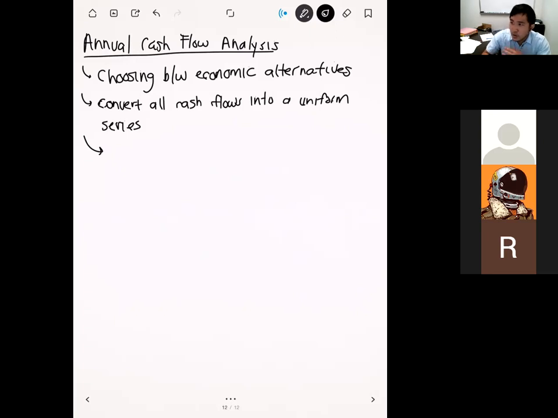For annual cash flow analysis, you don't have to do that, given this key assumption. Okay, so let's say it works great when product lives differ.